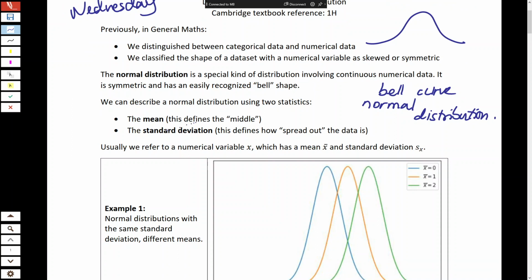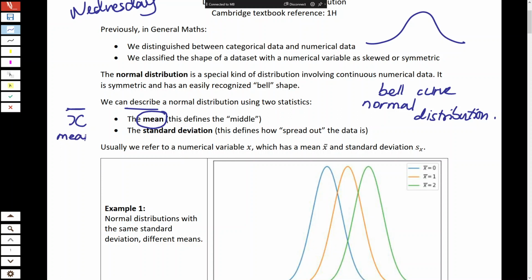So, to describe a normal distribution, we need two pieces of information. The first piece of information is the mean. Now, if I was dealing with a numerical variable x, what symbol could I use for the mean of x? It's actually on the sheet. So x with a line above. That's the mean. Okay?